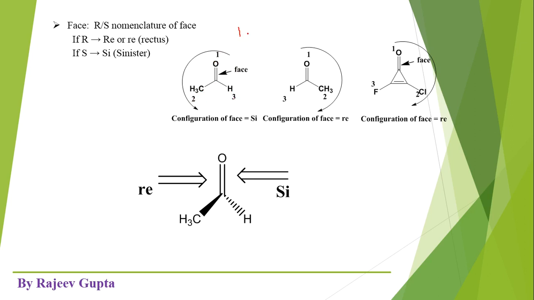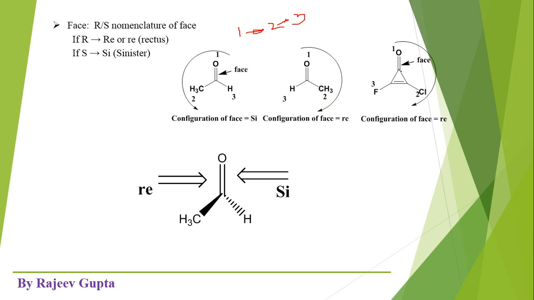Now we move from 1 to 2 and 2 to 3, so this is an anti-clockwise movement. So from this side, this face of the pi bond or pi molecular orbitals has Si configuration, a sinister face. But if we see the back side of this molecule, the face will be Re.